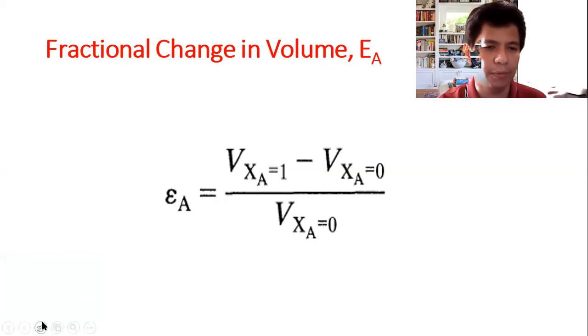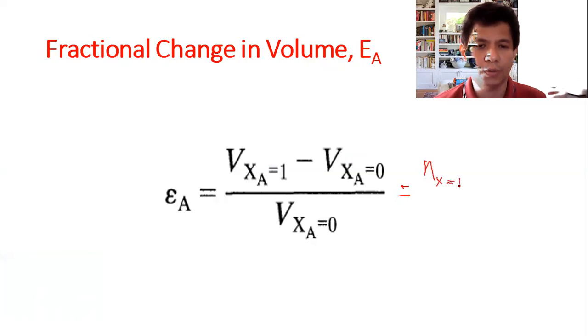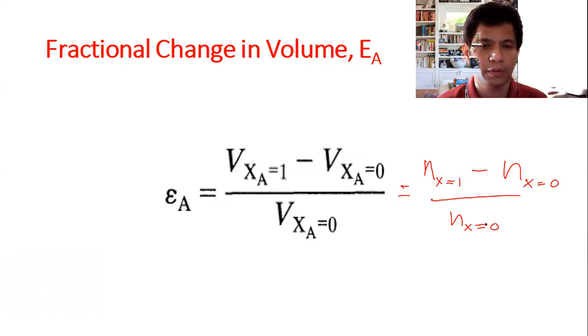In Fogler, this is also equal to the number of moles when x is equal to 1 minus the number of moles when x is equal to 0, divided by the number of moles when x is equal to 0. Still remember this fractional change in volume, epsilon.